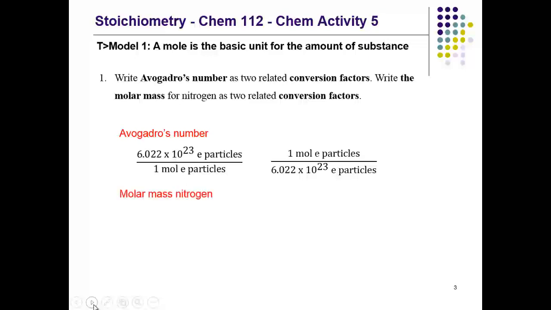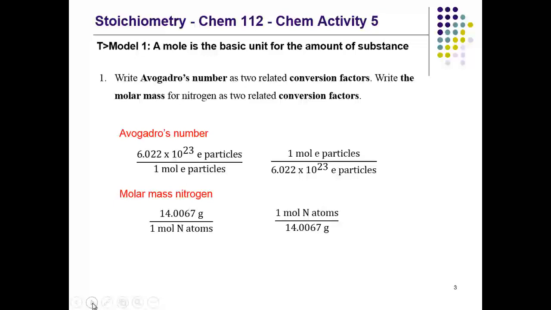In terms of molar mass, we can also come up with 2 conversion factors. So for instance, for nitrogen, 14.0067 grams per 1 mole of N atoms, or 1 mole of N atoms per 14.0067 grams. Note in this case I'm talking about atomic nitrogen and not molecular nitrogen, which has the formula N2.